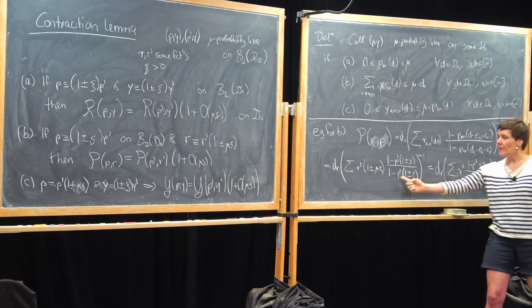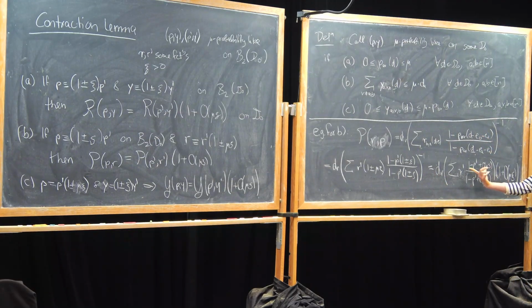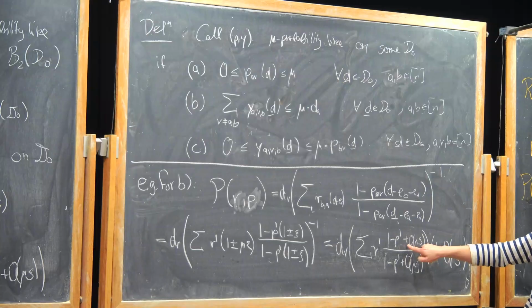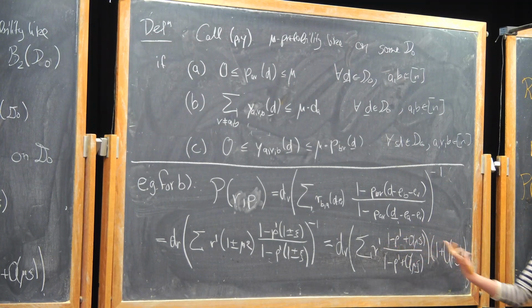So I'm using an upper bound on the probability of mu to say that this is an additive error of mu, or big O of mu times psi. So in total, that is just also a relative error of 1 plus big O of mu psi.